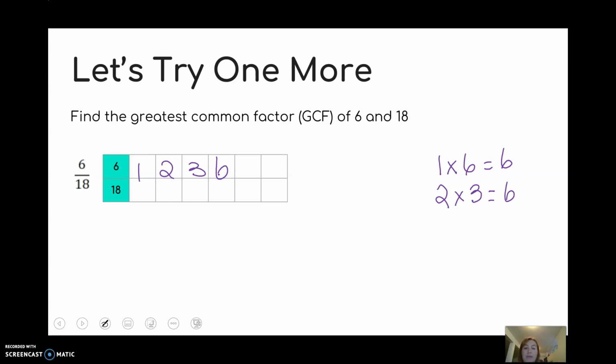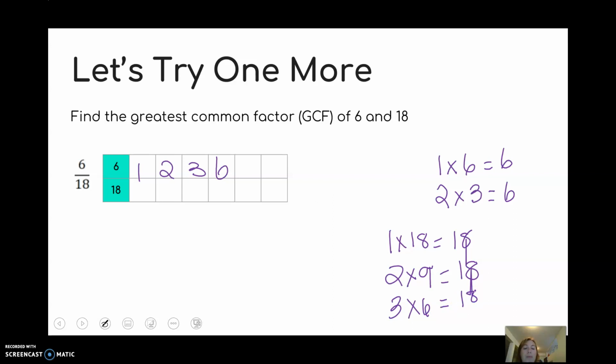For 18, I know that 1 times 18 equals 18. And 2 times, half of 18, I'm thinking, is 9. So 2 times 9 equals 18. And 3 times, 3, 6, 9, 12, 15, 18, so 3 times 6 equals 18.